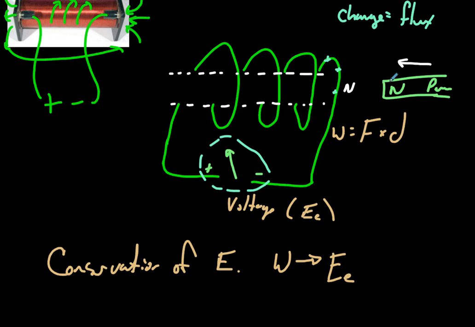If I'm trying to push these in, these charge carriers will move in such a way that I end up with a north-facing magnetic field inside of here that will resist the insertion of this magnet, right? So if I'm pushing it in, it's making me work. That work is getting converted into potential, and I could actually put like a little light on here, and if it's a small enough and weak enough light, and I move fast enough and aggressively enough, I could actually generate, well, an alternating current. I could whip it in, the current would flow one way.